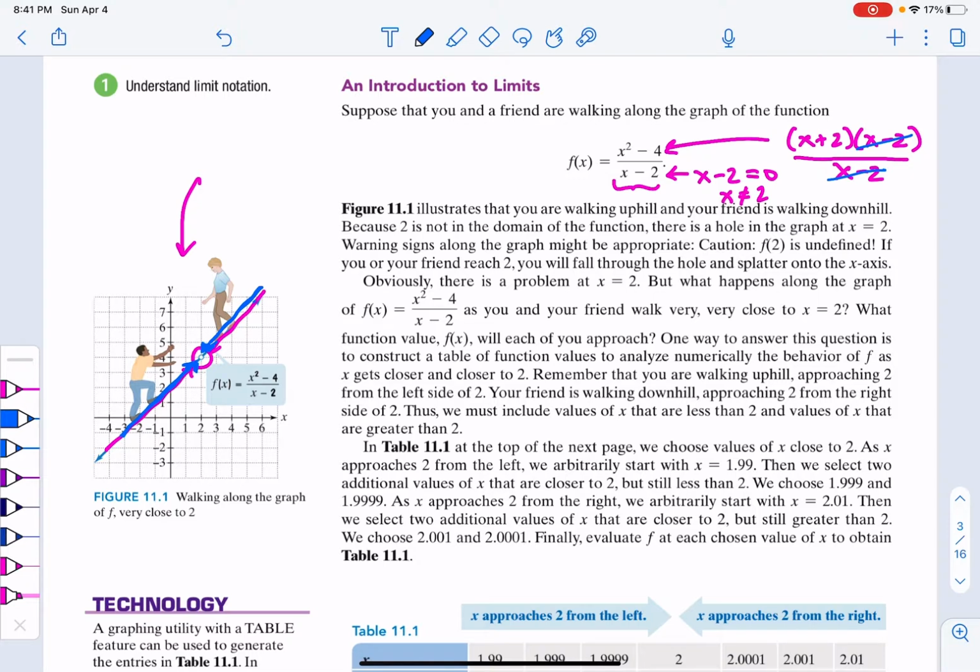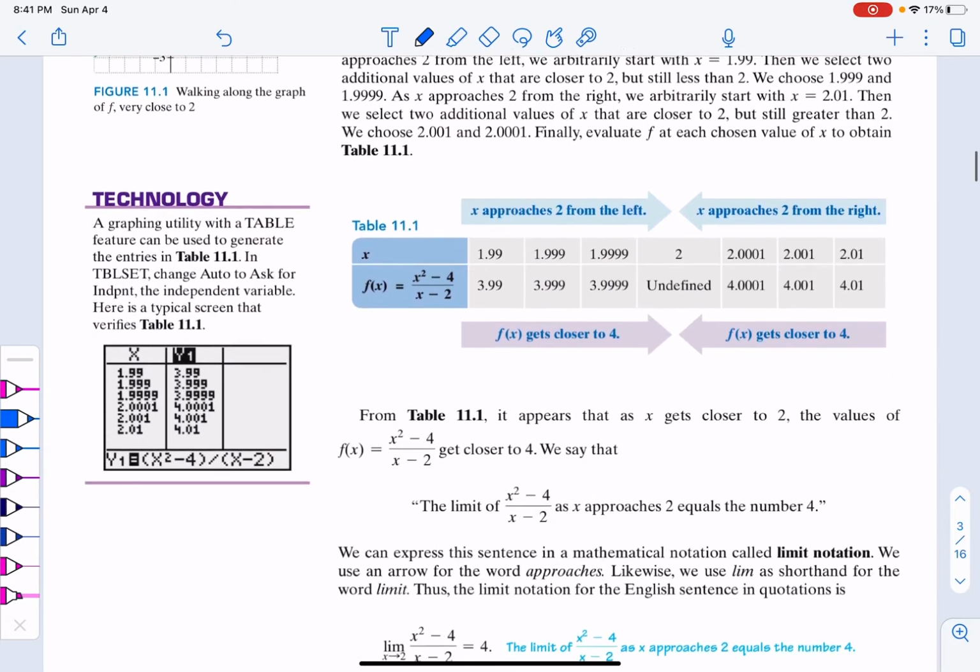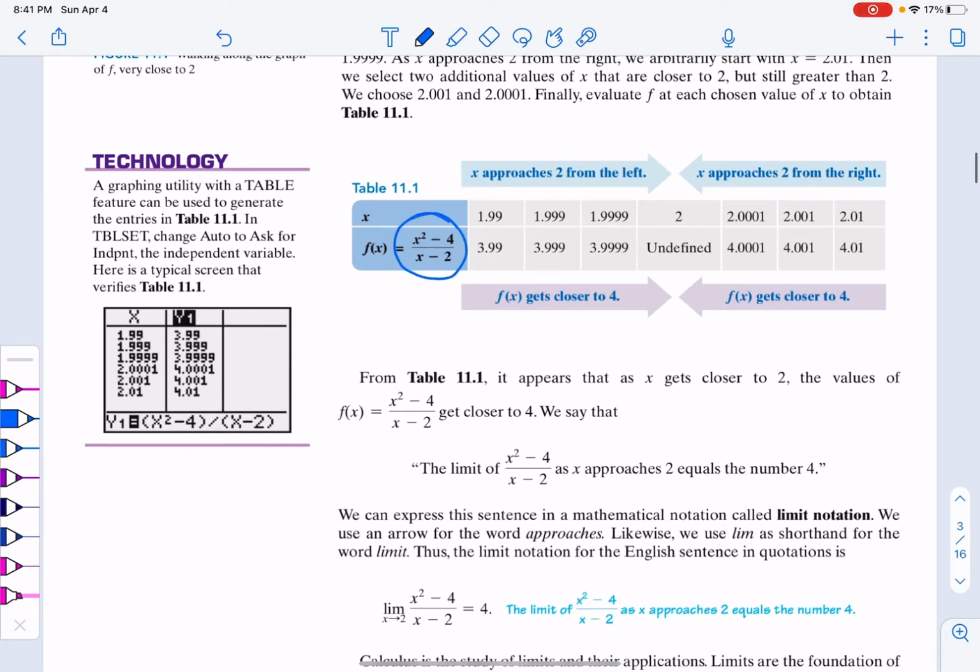The book goes through some of the approaches we're going to use. Today we're going to look at some from the perspective of a graph, and some from the perspective of making a table. The book took that exact same function, f of x equals (x squared minus 4) divided by (x minus 2), and made a table of values. We know that if x equals 2, we have an undefined value.